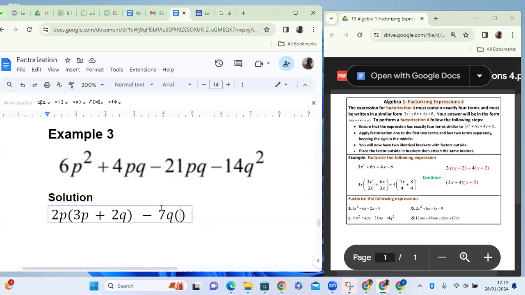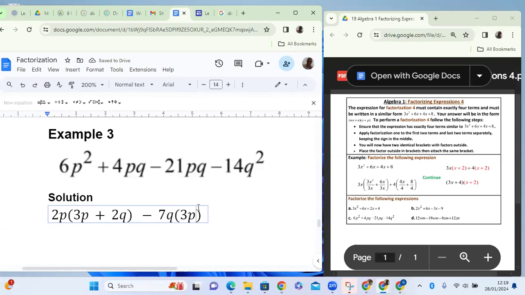Negative 7 into negative 21 is 3. A negative divided by a negative is a positive. q divided by q is 1. The q is cancelled out. But p divided by 1, because there is no p there, so there's an invisible 1, is p. So we have 3p.